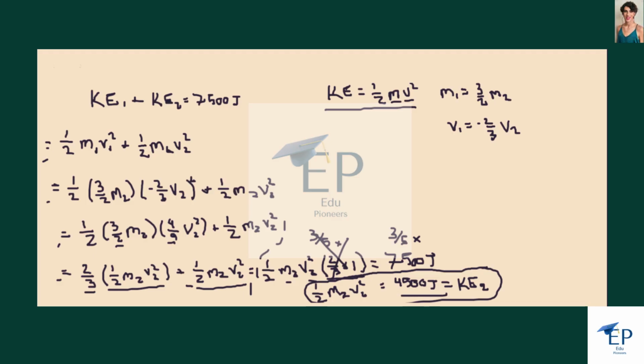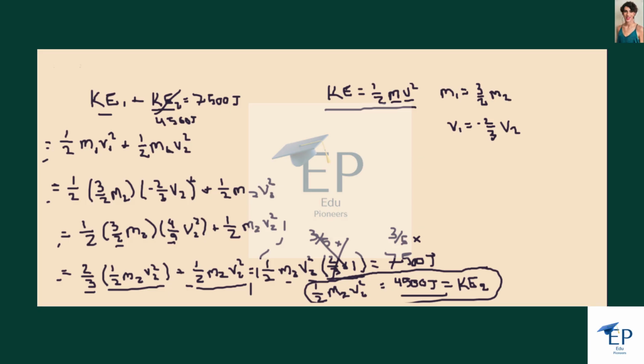Now, if we go back to the top left of the screen, we see kinetic energy of the first particle plus kinetic energy of the second particle is equal to 7,500 joules. But the kinetic energy of the second particle is just 4,500 joules. Just solve that.